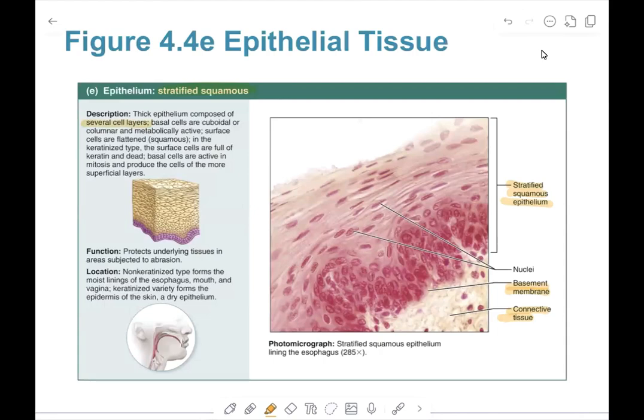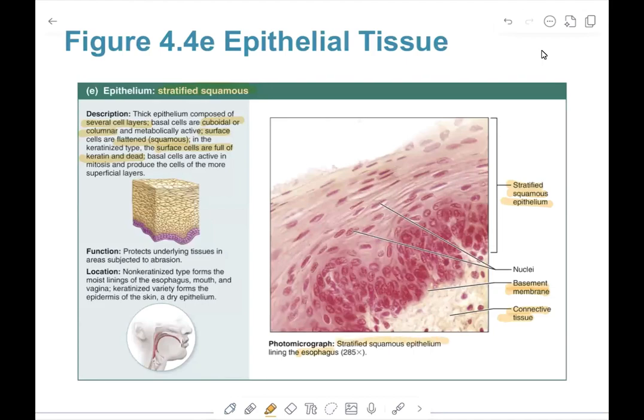The basal cells are cuboidal or columnar. Surface cells are flattened, squamous, and in the keratinized type the surface cells are full of keratin and dead. The other type would be in the esophagus.